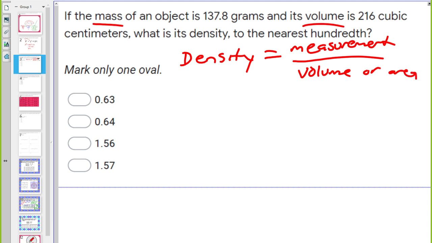So which one's going to go on the top? The mass would go on top, volume on the bottom. So this would be 137.8 over 260.